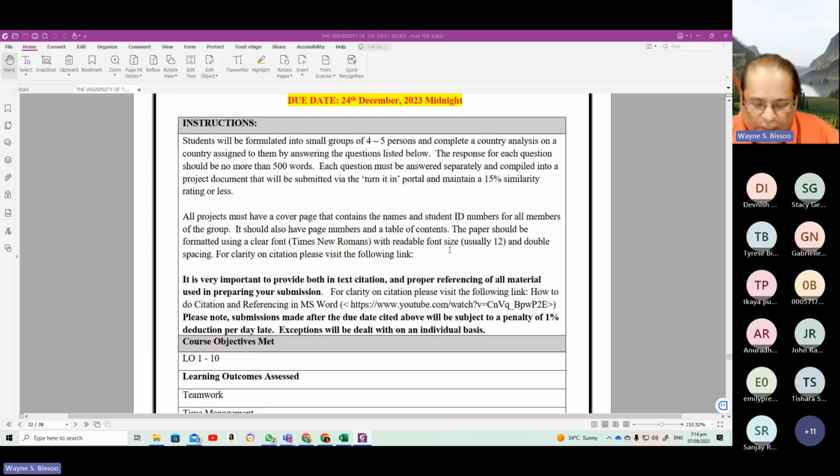With group projects, since you're doing a country analysis, I expect there'll be images and maybe pictures of things from the country that you're researching. You use double line spacing. All the assignments require double line spacing, guys, and at least a very clear font, Times New Roman 12.